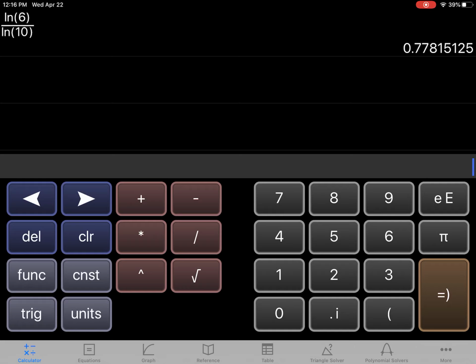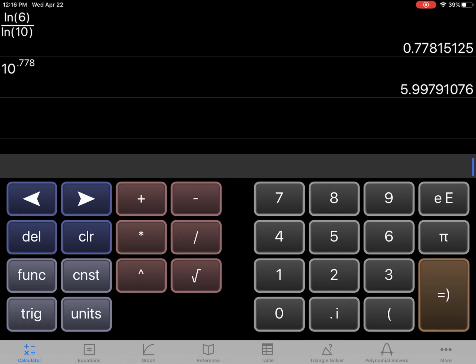So you get 0.778. So 10 to the 0.778 should be really close to 6. Right? So you see that using that power that's less than 1, that rational power, that's kind of like a root, but it's hard to say since it's a decimal, not like a half or something like that. But some sort of root of 10 is giving us that smaller number. So see that it does work.